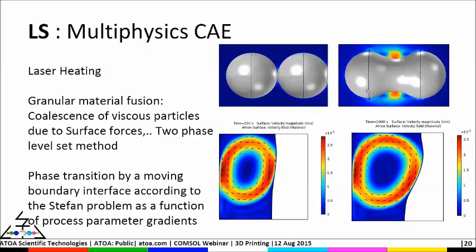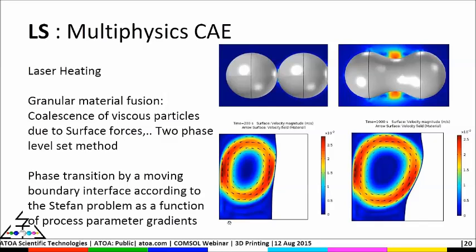This simulation is very fundamental for the laser sintering process, and by modeling this, we can understand the effect of different forces which contribute to this. Other than viscosity and surface tension, we can look at other process parameters to understand the collision process in depth.